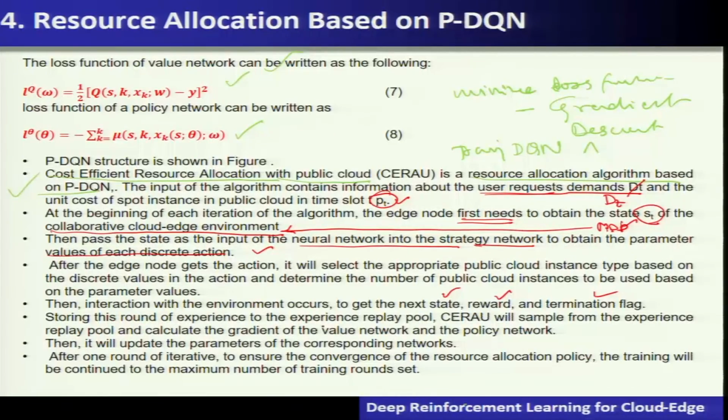Storing this round of experience in the replay pool, the algorithm will sample from this replay pool and calculate the gradient of the value network and the policy network. It will then update the parameters of the corresponding network, and the training will continue to the maximum number of rounds to ensure the convergence of the resource allocation policy.